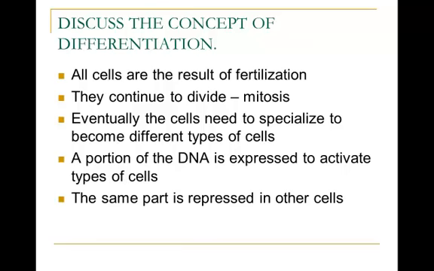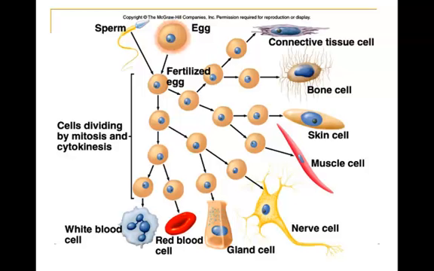Our last point is to look at the concept of differentiation, and again, I'm going to go to the picture. We talked earlier about how fertilization involves the egg and the sperm, and now we have 46 chromosomes. They start dividing and dividing and dividing, mitosis, because it's a regular cell now. Eventually, we need to start specializing these cells. The DNA will either turn itself on or turn itself off, turning on what it wants to be and turning the rest of the types of cells off.